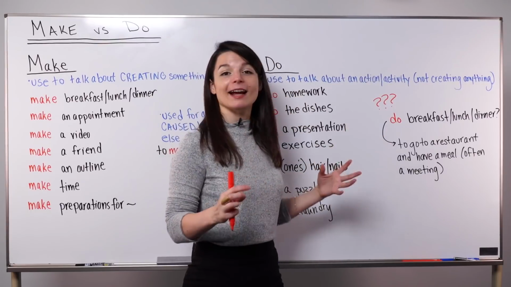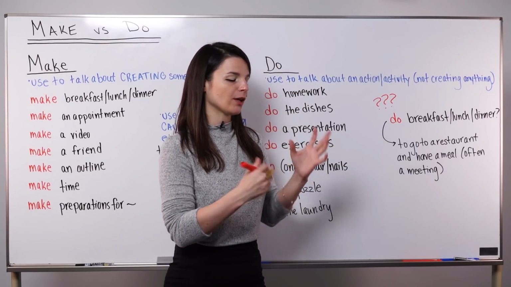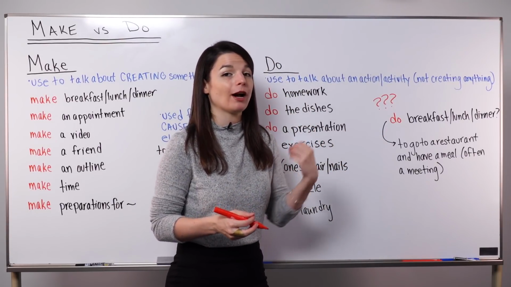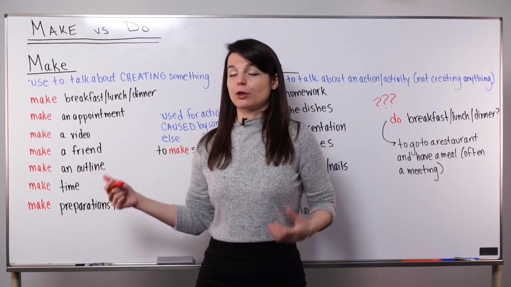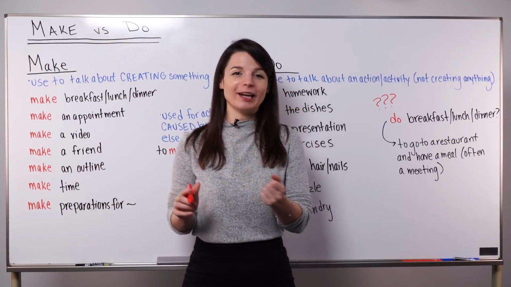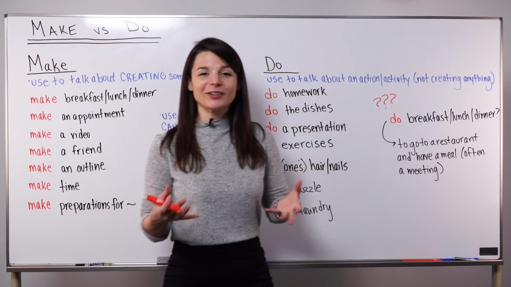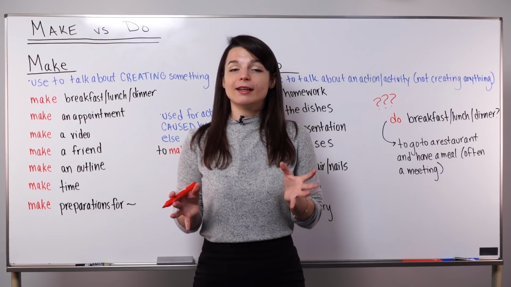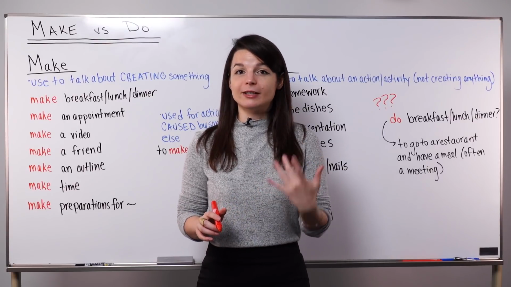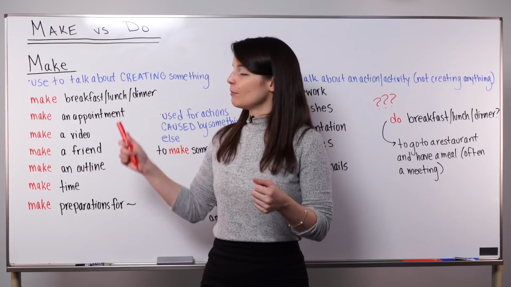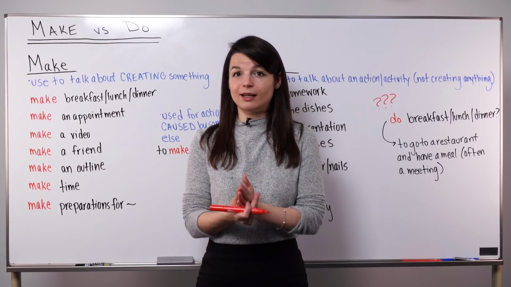It's more like an activity. So you can imagine that do is more for activities, make is for creating things. Okay, so this is an introduction to the key ways in which do and make are different. As I said, keep in mind make is used to talk about creating things.